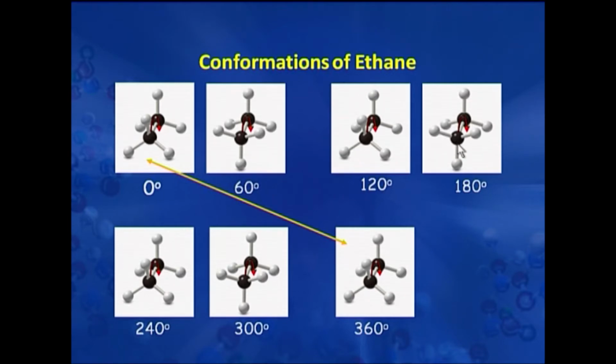Then a further 60 degree rotation gives staggered, a further 60 degree rotation gives eclipsed, then staggered, and then finally after a rotation of 360 degrees we get again an eclipsed conformation. We have taken one full cycle. In between, we have come across one eclipsed conformation after 120 degree rotation, a second eclipsed after 240 degree rotation, and finally this. Although these conformations are identical because our atoms are identical, if somehow we could number the hydrogens, we would find that this is exactly identical to this one.